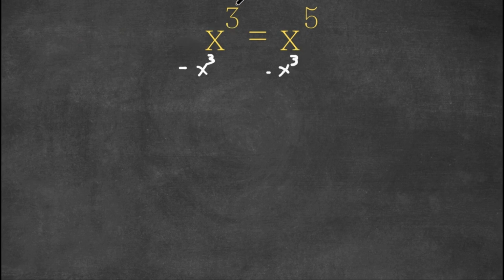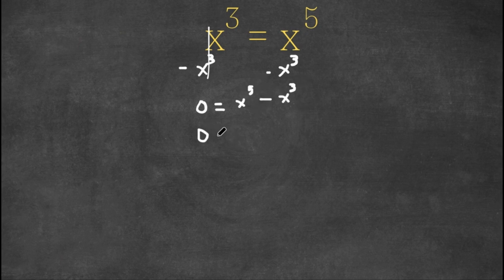So for this side, x to the power of 3 minus x to the power of 3, well, these two just cancel out, so we get 0 equals x to the power of 5 minus x to the power of 3. So now we're actually going to factor out x to the power of 3 from this, because that is the greatest common factor of these two terms.